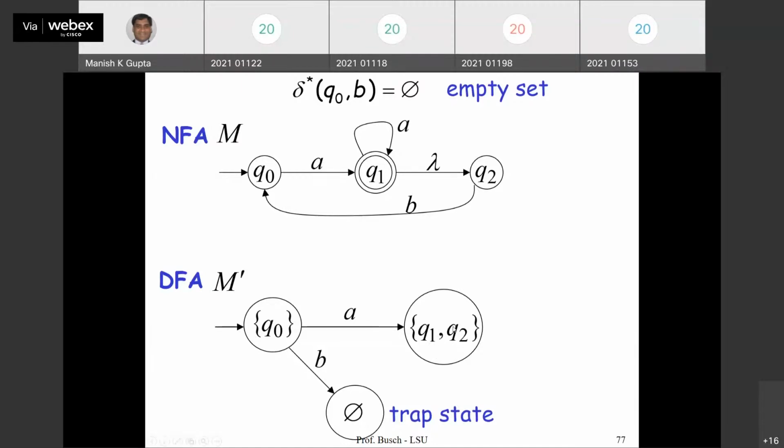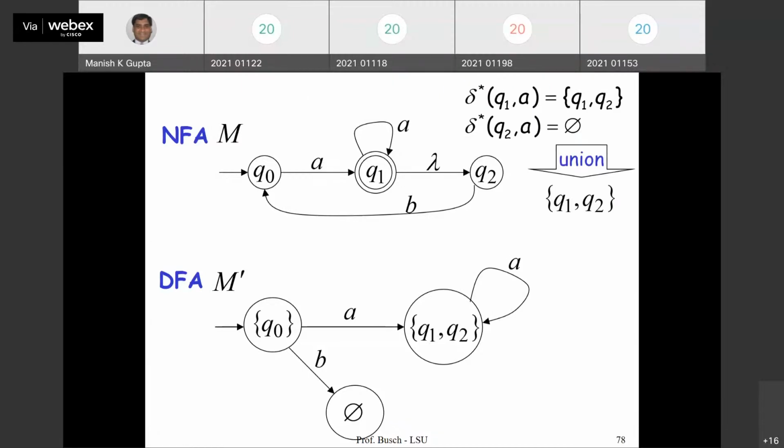Now from this Q1, Q2, I should also tell you where to go if I receive A and if I receive B. That means I should tell you what happens if I receive A on Q1 and if I receive A on Q2 in this NFA. Once we receive A at Q1, we get Q1 itself, and also because of the lambda transition, Q2.